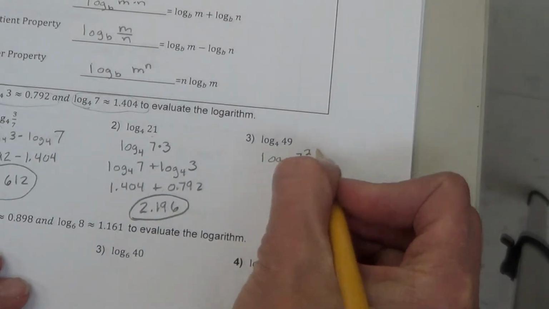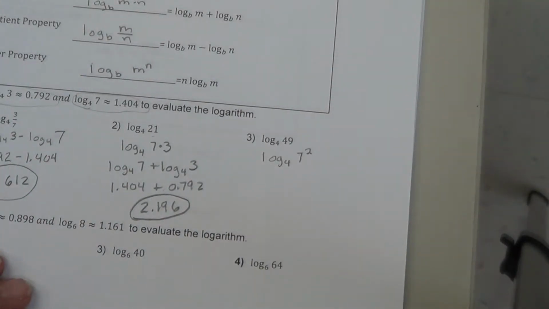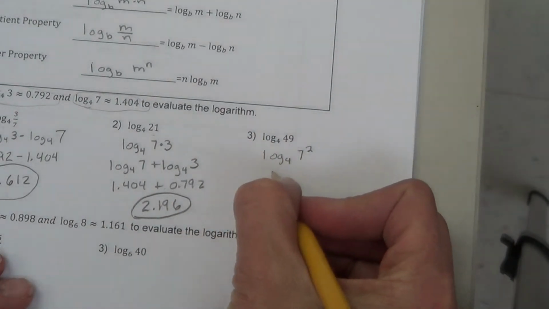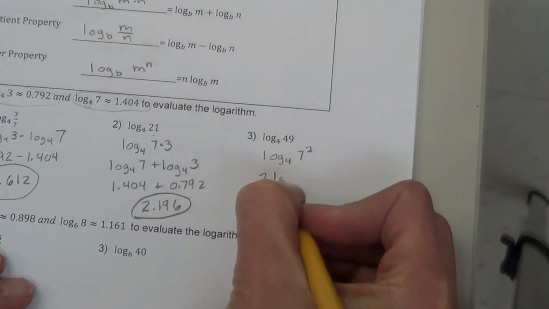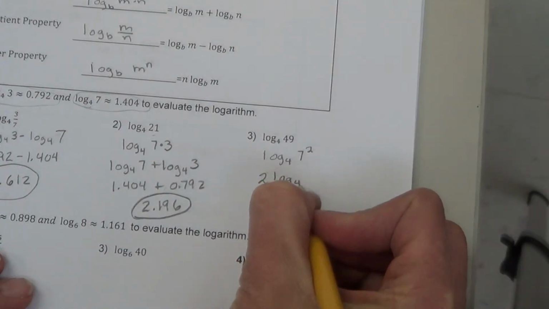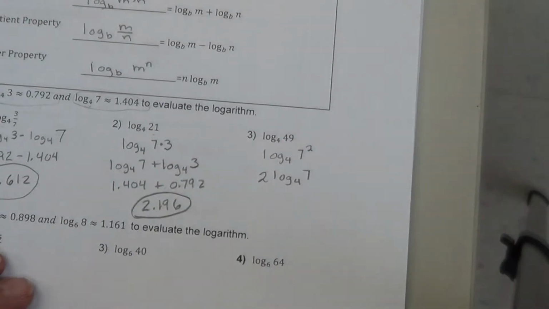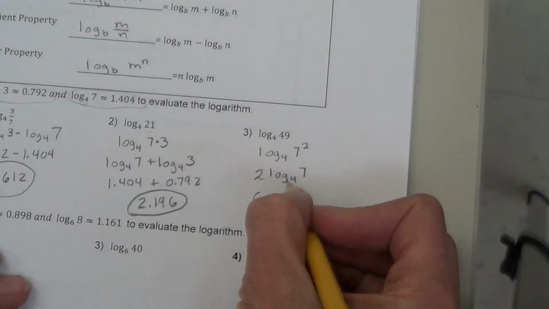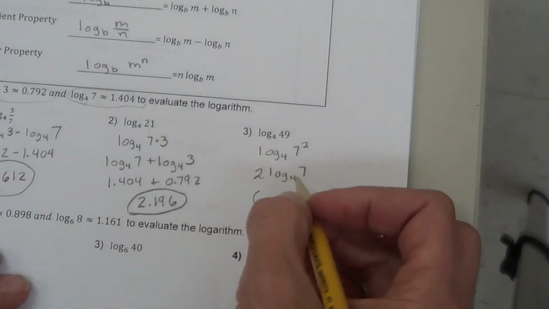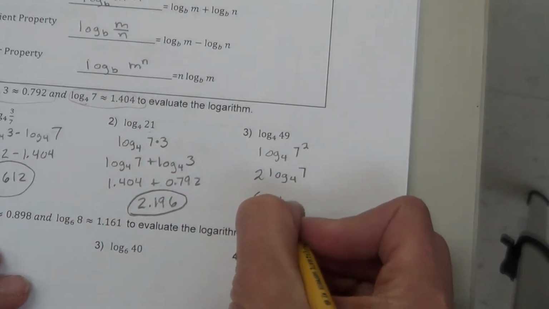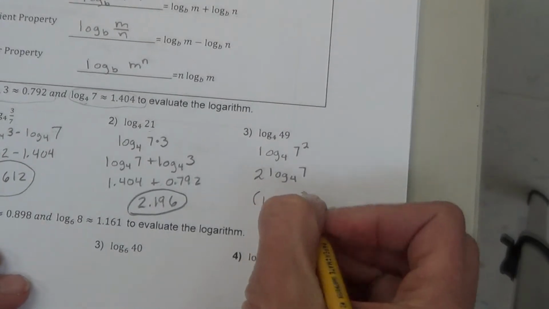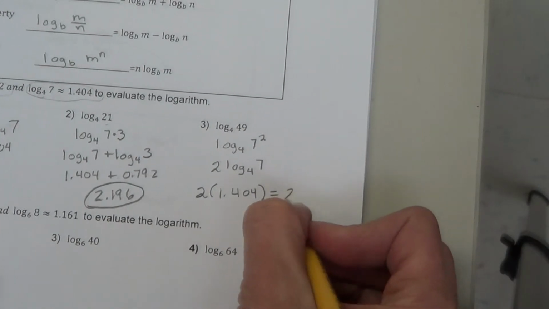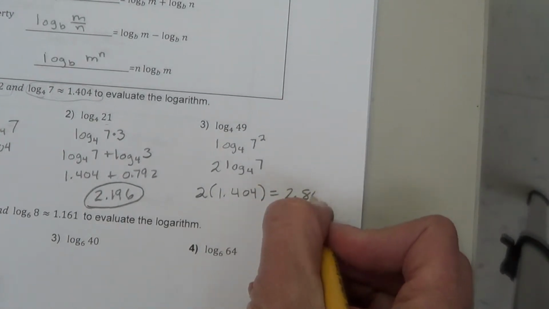So it's 7 squared. 49 is the same as 7 squared, so we would expand that out to being 2 times the log base 4 of 7. Okay, now we plug in our log base 4 of 7, which is 1.404. Bring down our 2 that we're multiplying by, and we get 2.808.